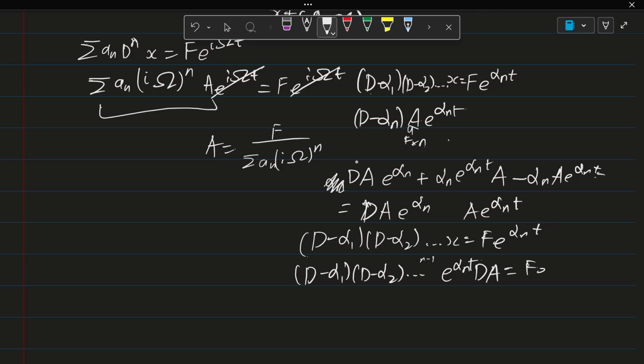It's equal to f e to the power alpha n t. So now you could just cross off the e to the power alpha n t and then just assume that dA is a constant.